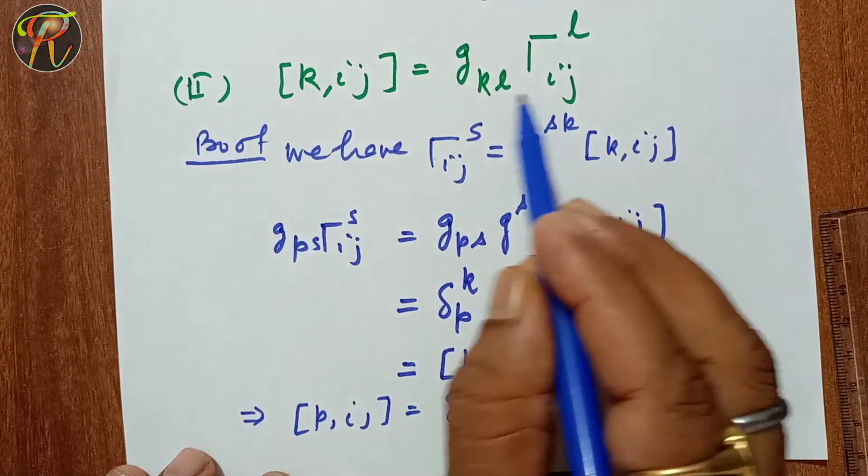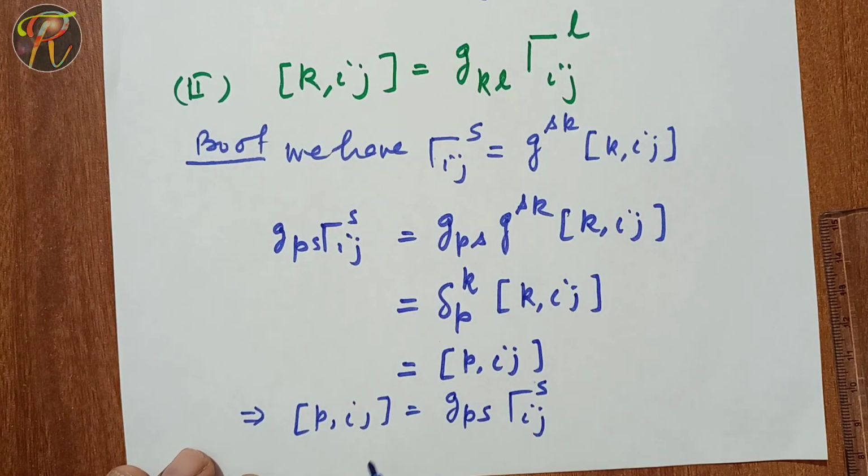This is the Christoffel symbol of the first kind, so all the indices are lower. In the second kind one index is upper and two are lower, and after contracting s, all the indices are lower. So this is the same thing and is proved.